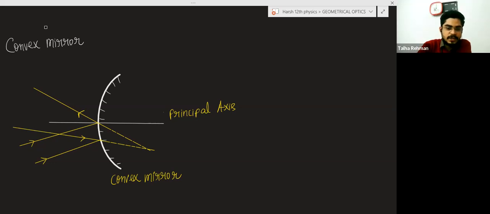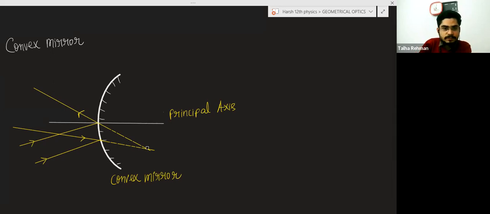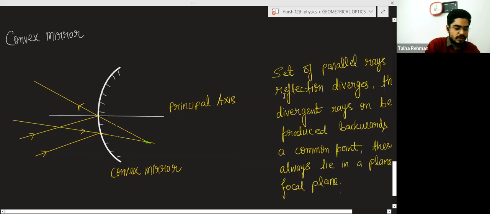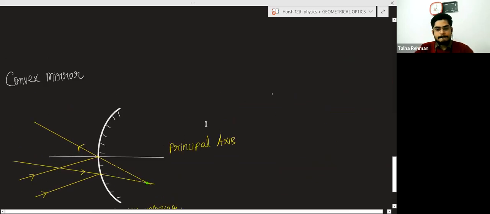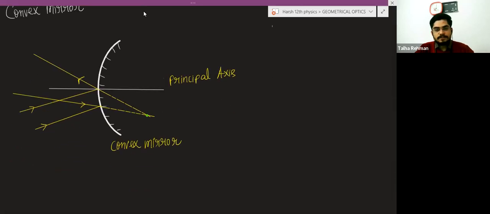So here you can see that when these reflected rays from the convex mirror are produced in the backward direction, they meet at a point. At this point these rays are meeting. So if these rays are meeting at this point, you can say that this point will lie on the focal plane.